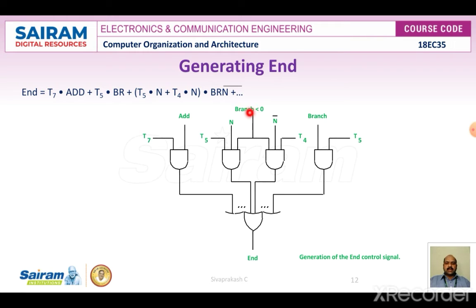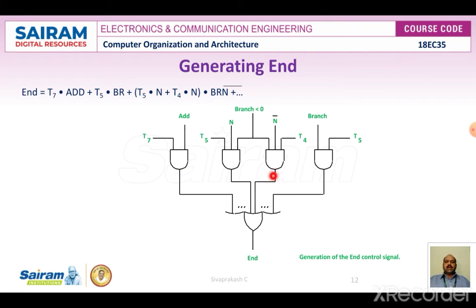Here conditional branching is nothing but when the branch is going to be taken if greater than 0, that is a condition, n and n bar. N into T5 with conditional branching will be given to one AND gate, n bar into T4 into conditional branching will be given to one more AND gate, whereas T5 into BR is taken in another AND gate, and the first input T7 dot add is given to another AND gate.